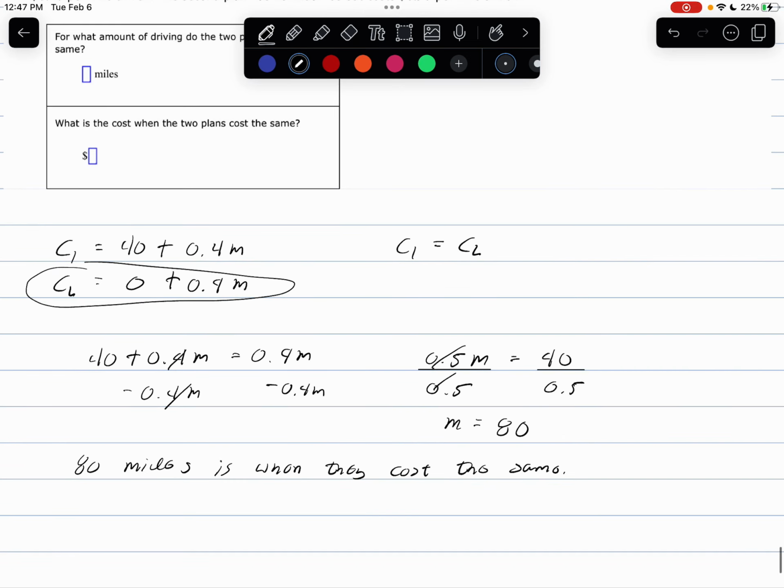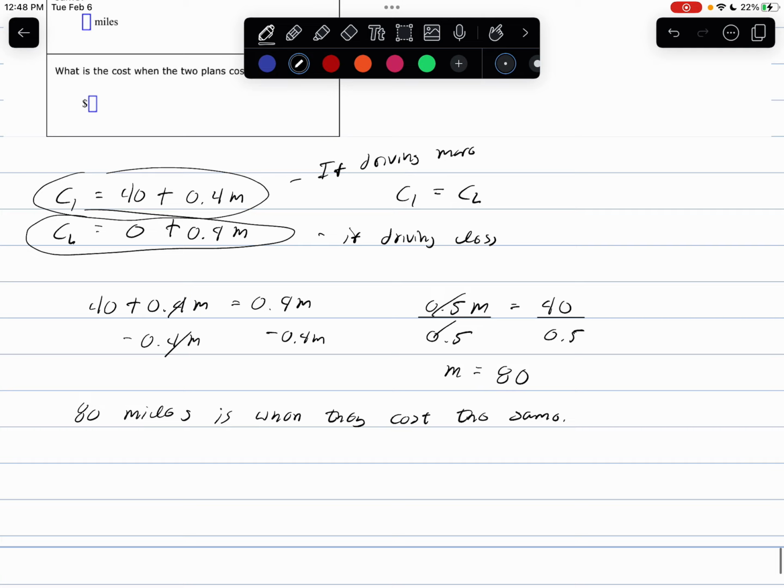Plan 2 is the way to go if you're going to drive less. Okay? And if you're going to drive more than 80 miles, plan 1 is the way to go. Okay? So 80 miles and they cost the same. If you're going to do more than 80, you want to go with plan 1. If you're going to do less than 80, you're going to go with plan 2.